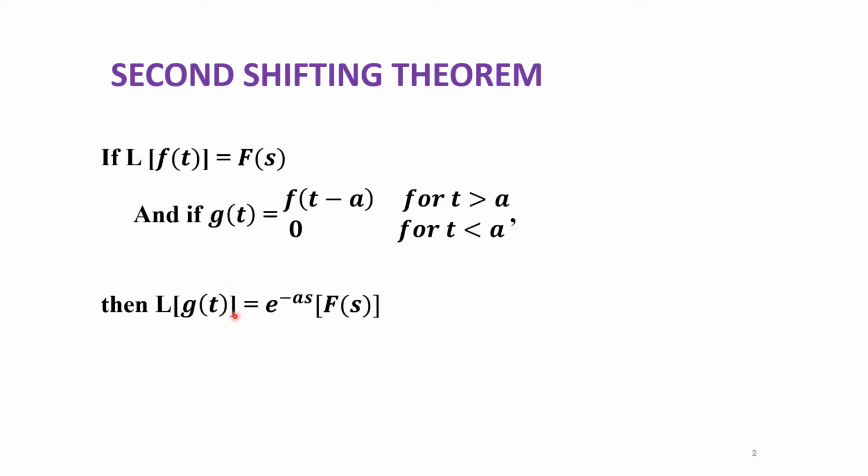So L of g of t will become e raised to minus as into F of s. Our aim is to get the value of a and the function f of t, calculate L of f of t, replace it by F of s, and then L of g of t will become e raised to minus as into F of s.